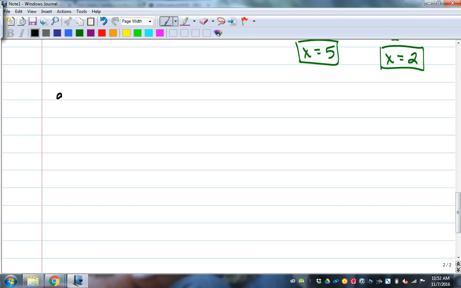Let's look at this one. Absolute value of x is equal to -8. What's the definition of absolute value? Distance away from 0. How many of you have used a tape measure before? Most of us have used a ruler at some point in life.